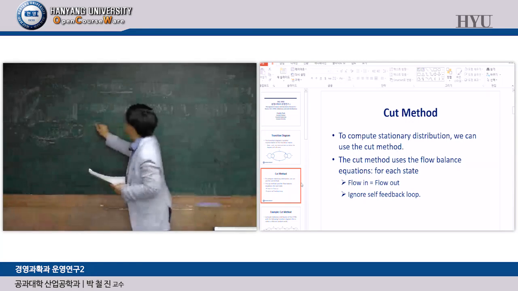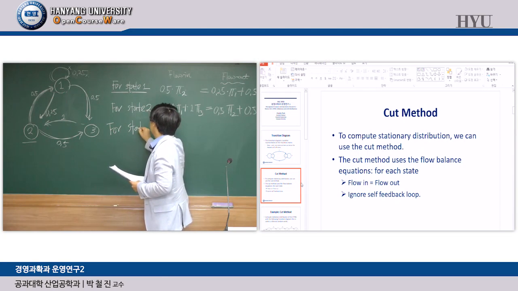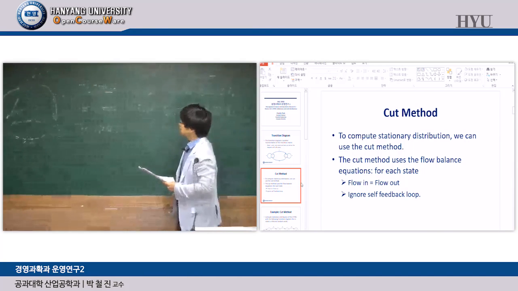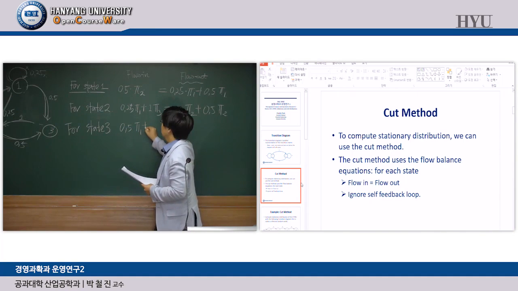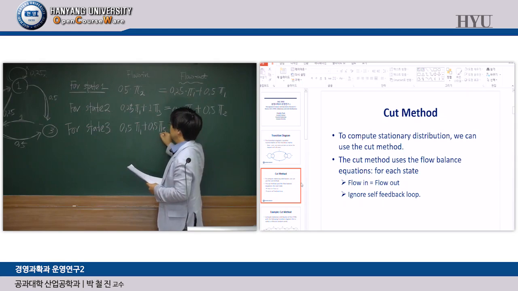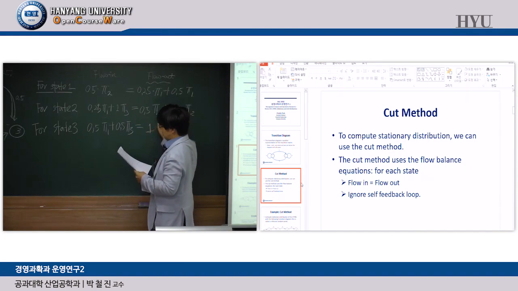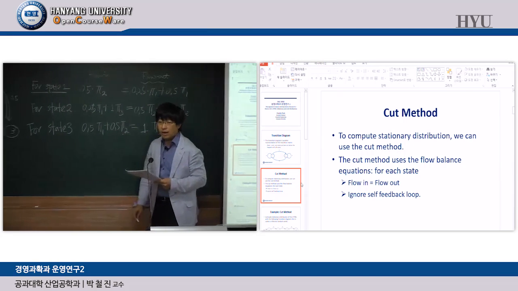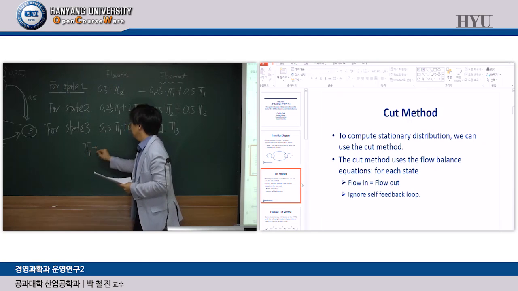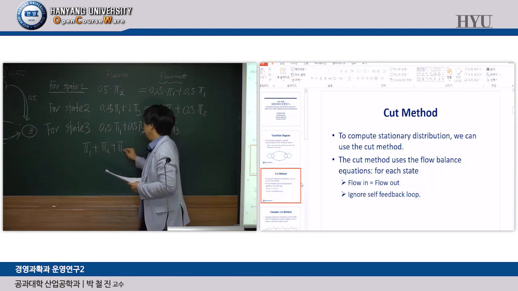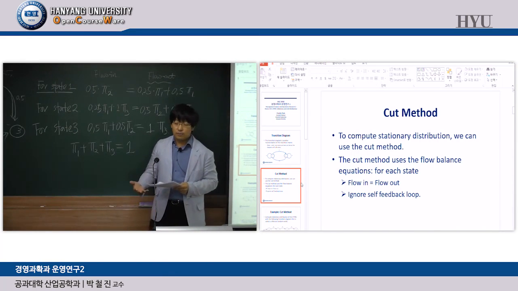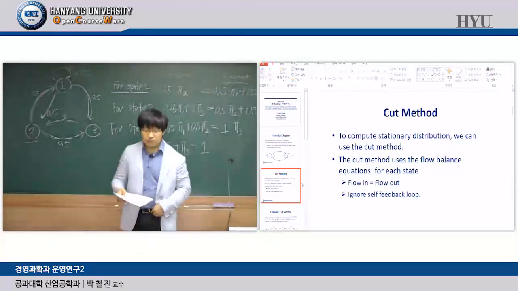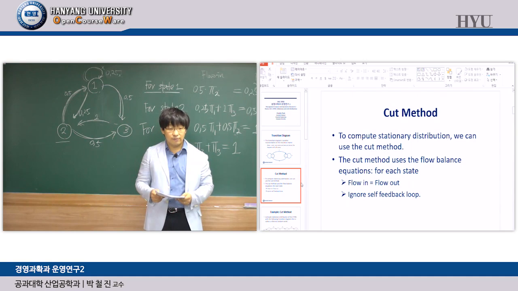And for state 3, the flow in part: 0.5 times pi 1 plus 0.5 times pi 2 equals 1 times pi 3. Okay? And then the summation of pi 1, pi 2, pi 3 must be 1. Okay?